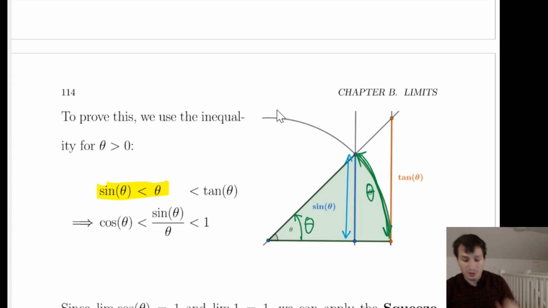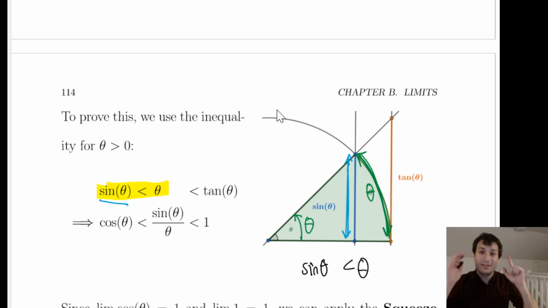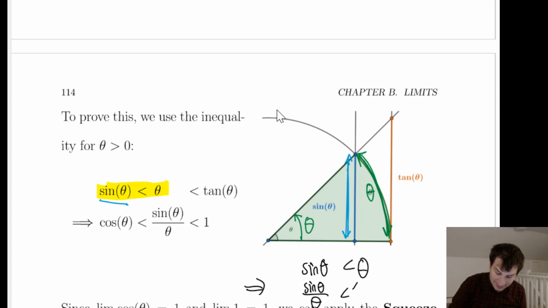Sine of theta is the vertical part, and theta is this curvy length. So sine of theta is definitely less than theta, and we're talking about positive angles here. I can divide both sides by theta, and that means that sine of theta divided by theta, which is what we care about, is less than 1. So it's less than 1.